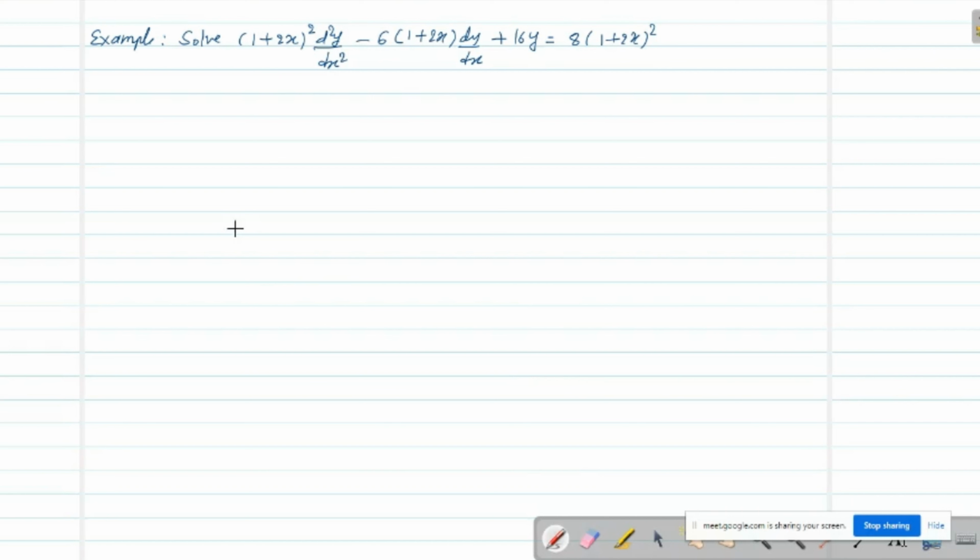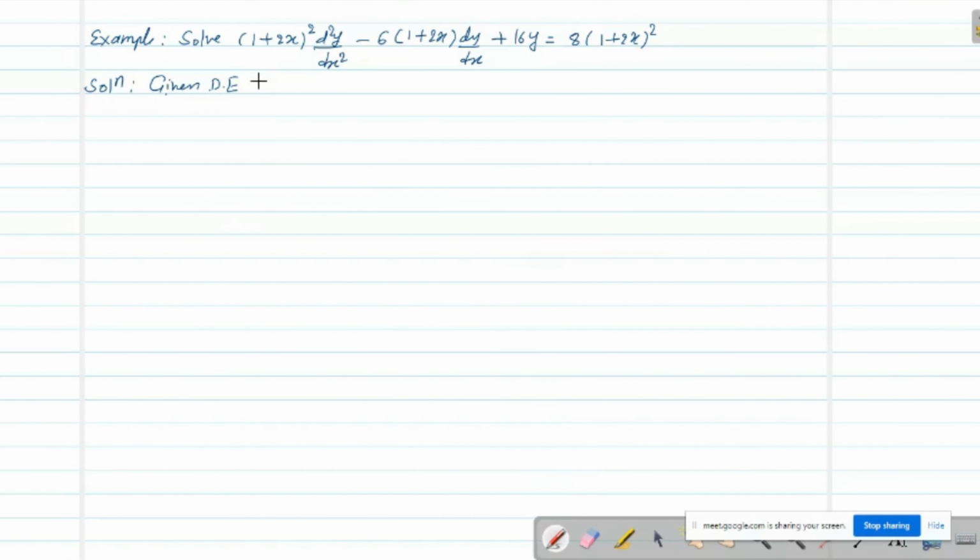So before solving, we just copy the given differential equation. Write down the given differential equation.